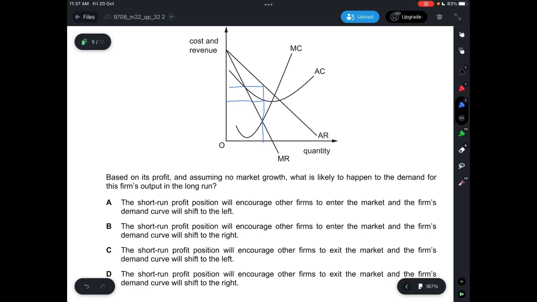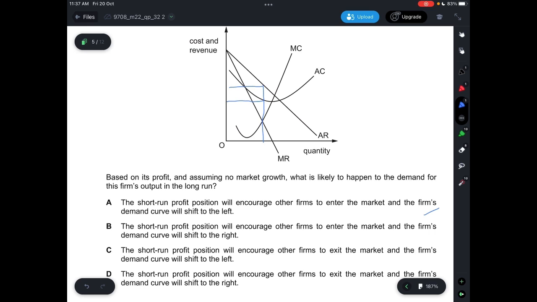When many firms enter, it will increase competition, resulting in more firms entering, and then at the end of the day, when there are too many firms, it will end up just allowing the firms to earn a normal profit, right? So yes, the short-run profit position will encourage other firms to enter, and the firm's demand curve will shift to the left. But let's also look at the other three options.